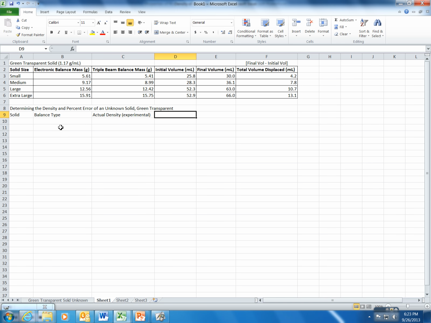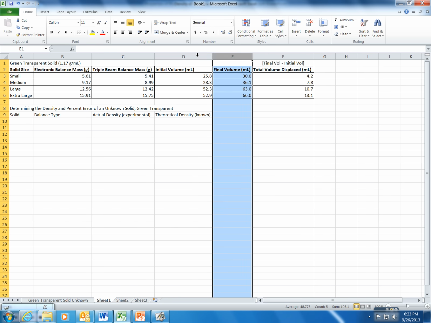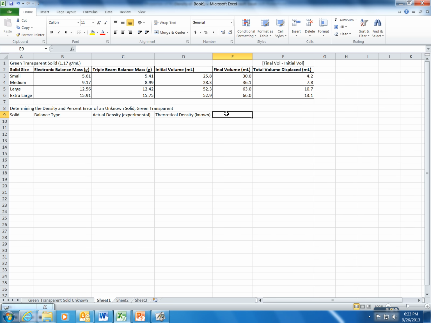And then this is going to be my theoretical density, also known as the known density. And then this is going to be my percent error. And then over here I'm going to write percent error with correct sig figs.